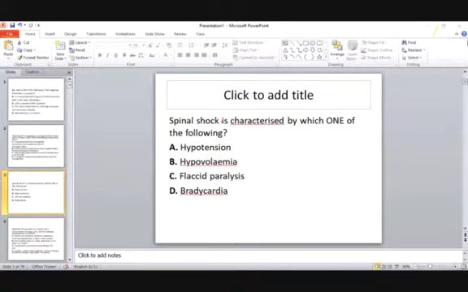Second, the cardiovascular system. What are the problems? The patient can have vasodilatation and bradycardia because of the sympathetic involvement.